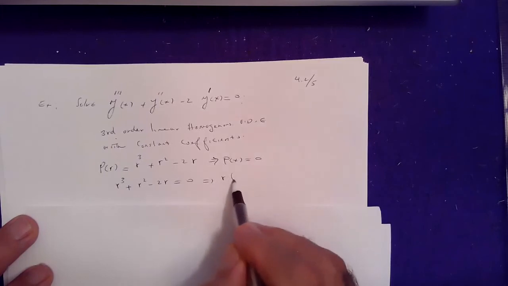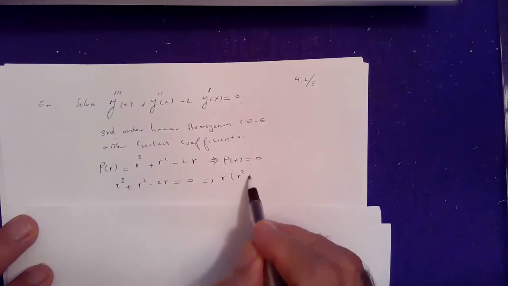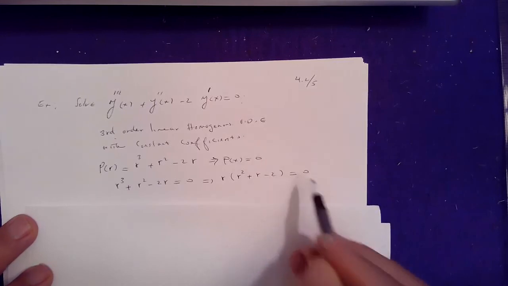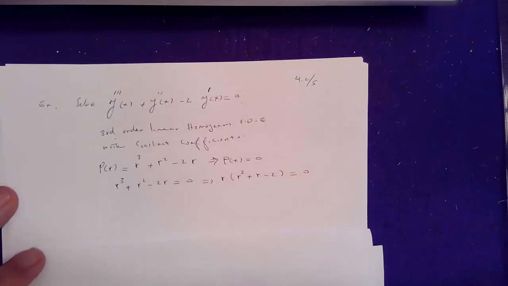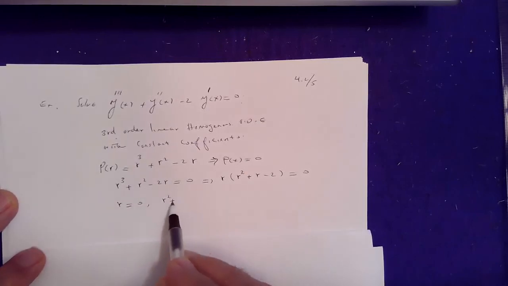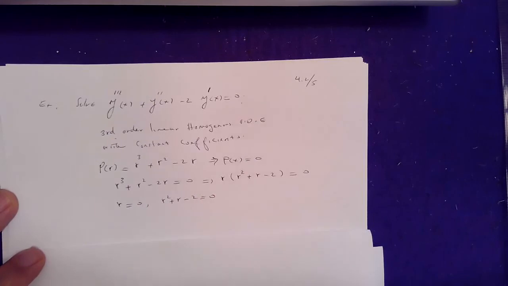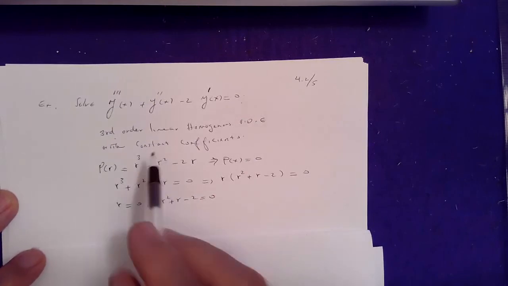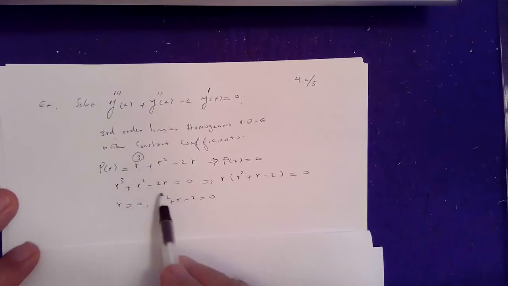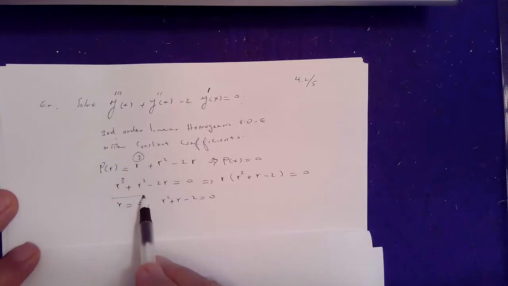If I set the auxiliary polynomial equal to 0 to find the roots, and you factor out an r, you get r times (r squared plus r minus 2) equal to 0. You see it. So now either r is equal to 0 or r squared plus r minus 2 is equal to 0. The degree of the polynomial is 3, so I expect 3 answers. Here's one of them.